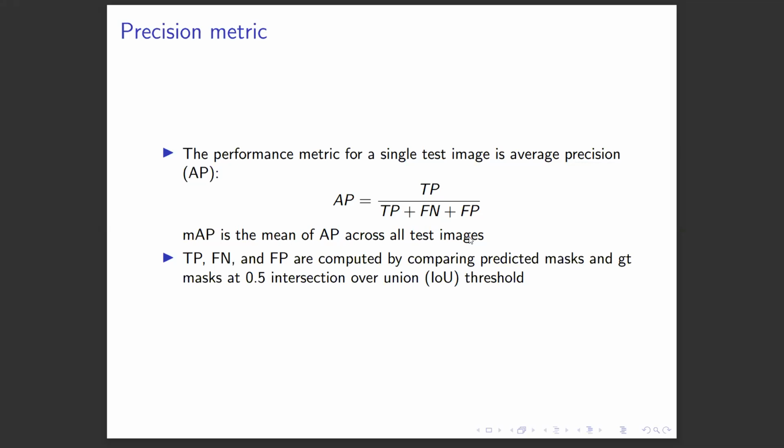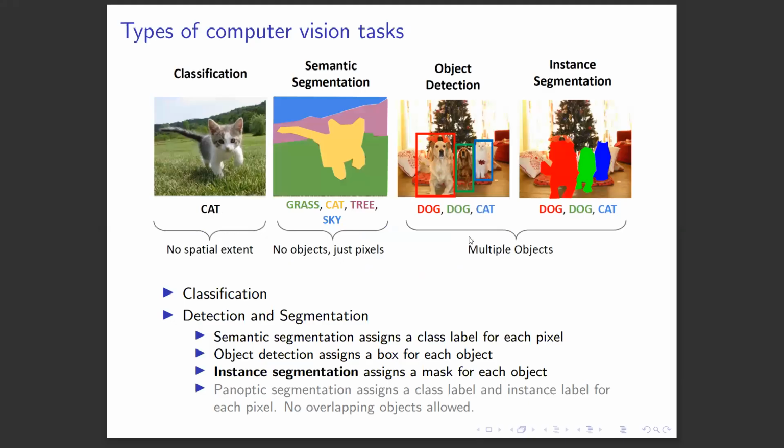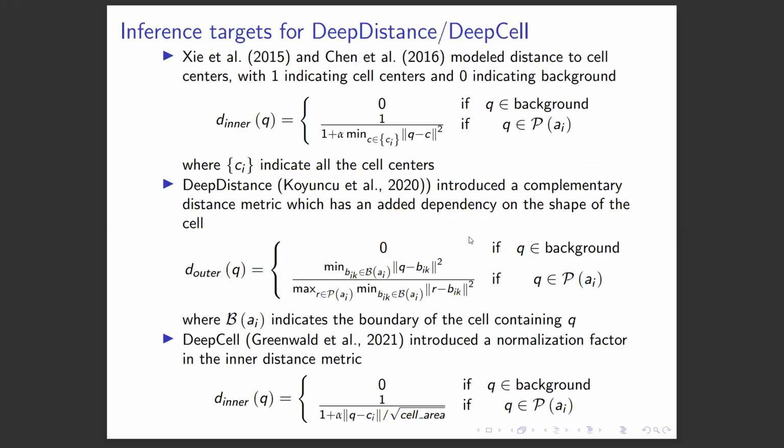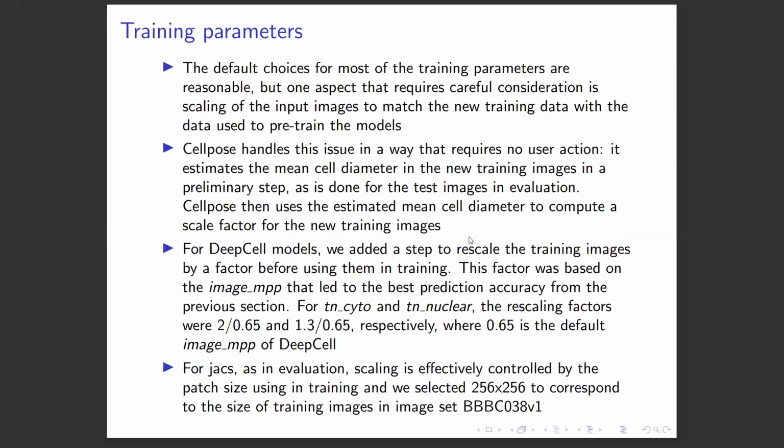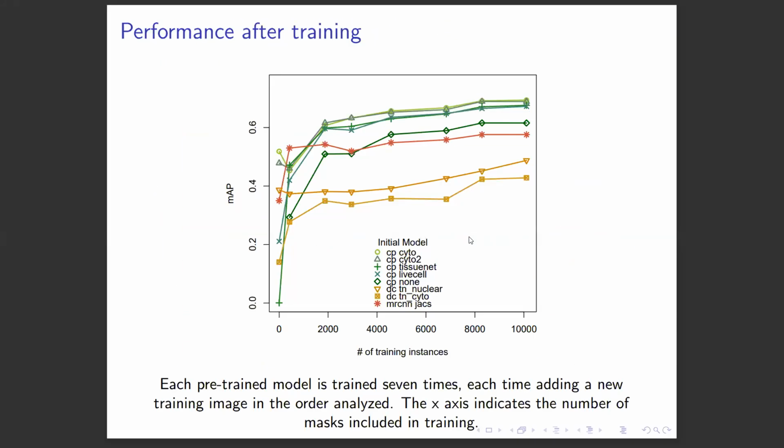When you're comparing all these different methods, do they have the same true negatives? So how do you define true negative here?